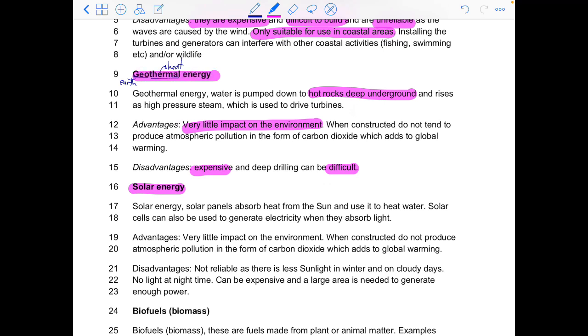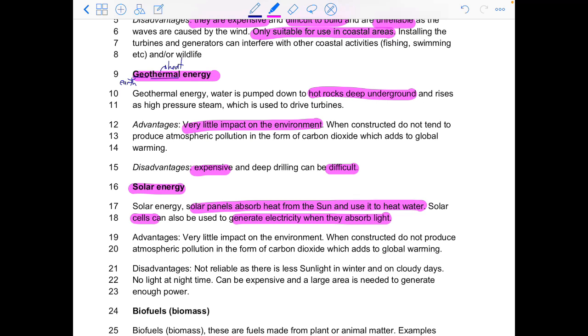Well done. So solar panels absorb heat from the sun and use it to heat water. That's one way. Or solar cells can be used to generate electricity when they absorb light. So you're either using the heat from the sun or you're using the light from the sun.